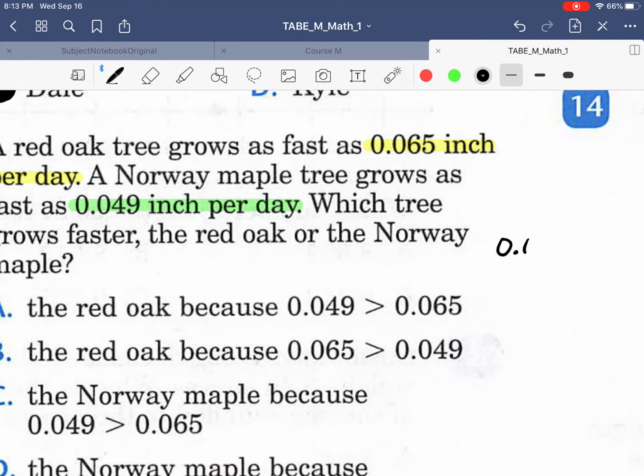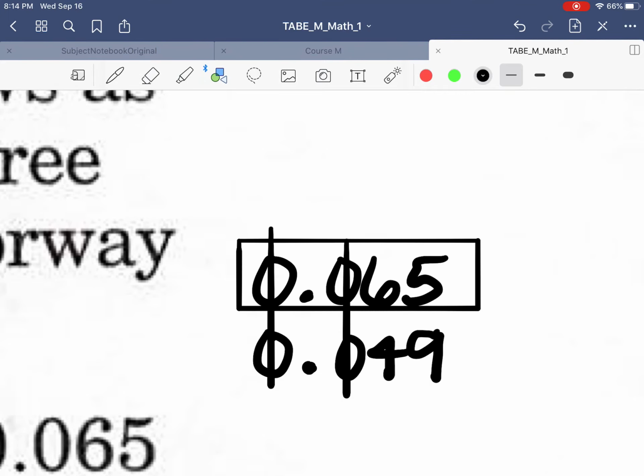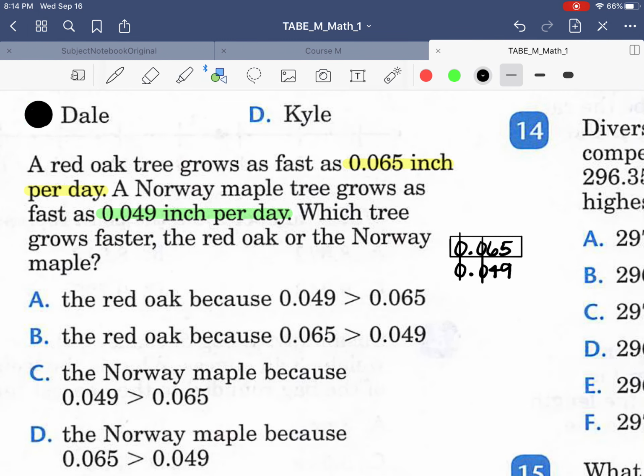We have 0.065 and 0.049. So we're looking at these two. The zeros are the same. The zeros are the same. Which of these is bigger? It's this one. So the red oak goes with that number.